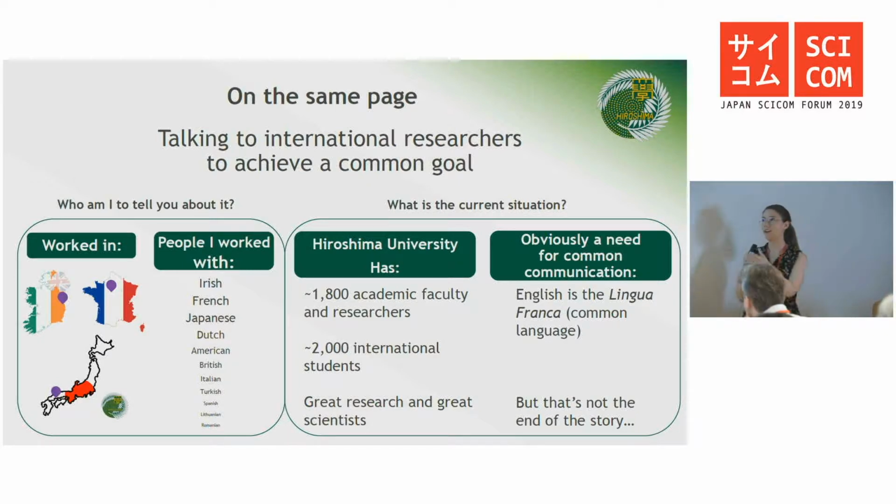But a thing a lot of these people had in common was that, one, they were researchers and scientists, and two, English was not their first language. So I really had to learn a different type of communication to talk to these scientists as well. Then, obviously, I moved to Japan at the end of January, started on the 1st of February, and that poses an even bigger challenge because not only is English not their first language, there's also a lot of rules and different types of culture than I would have experienced in Europe.